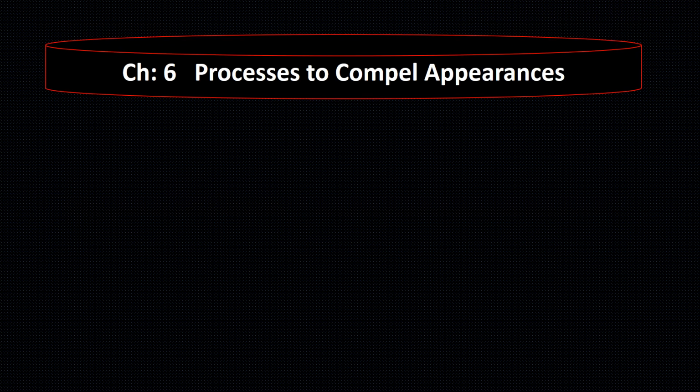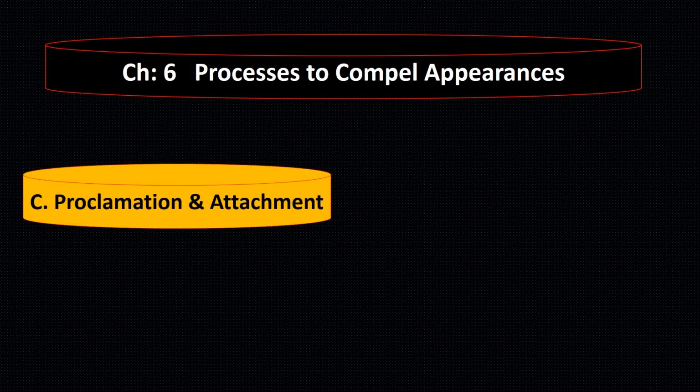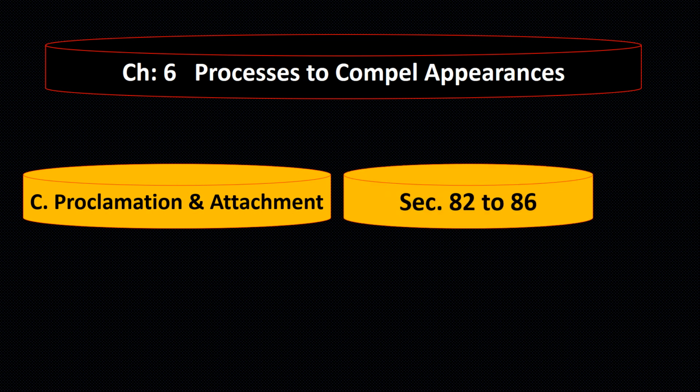Now we come to the third part of chapter 6, process to compel appearances, proclamation and attachment under the provisions of section 82 to section 86. Only 5 points are there, so let's just do it.